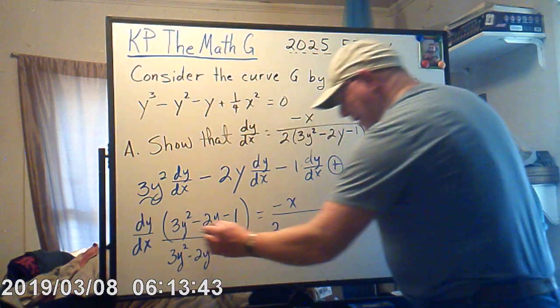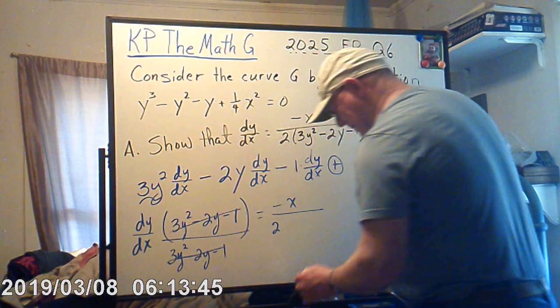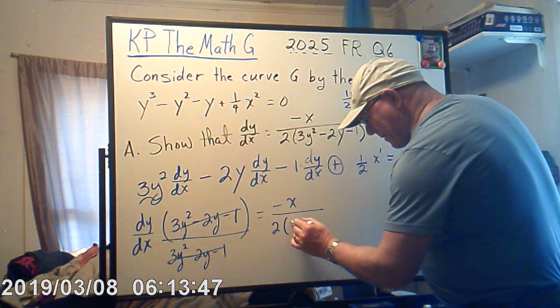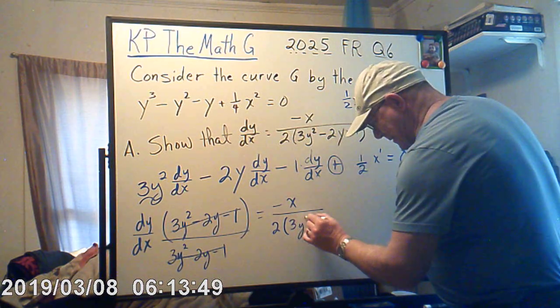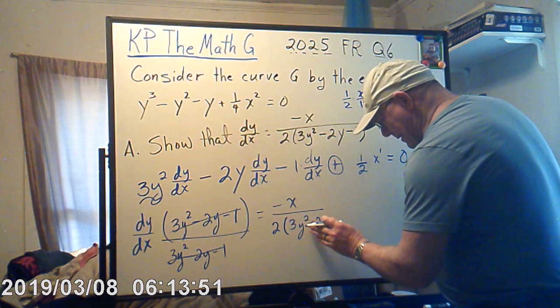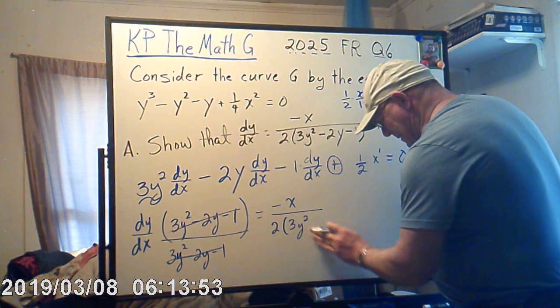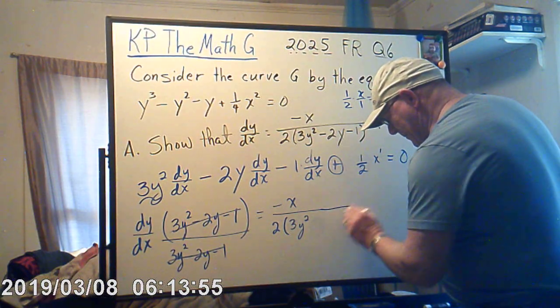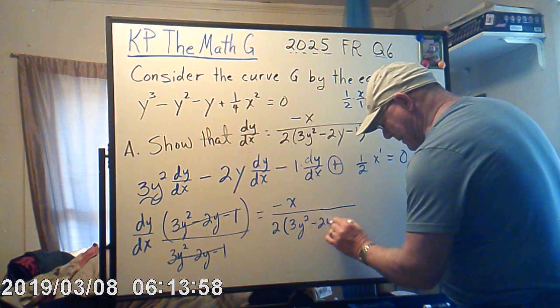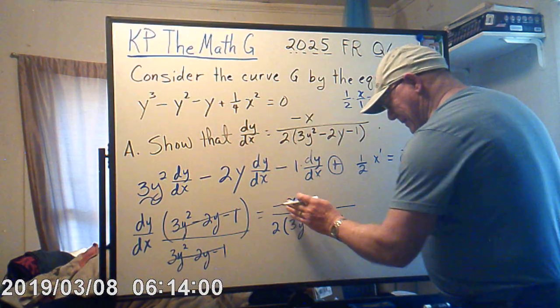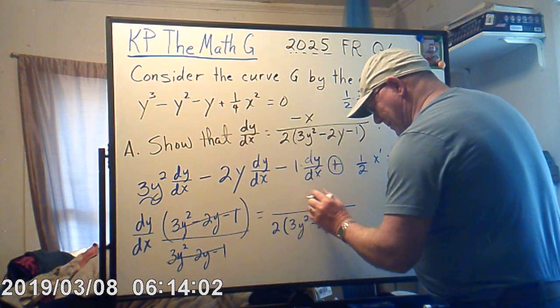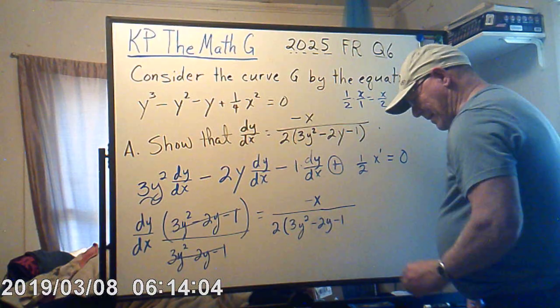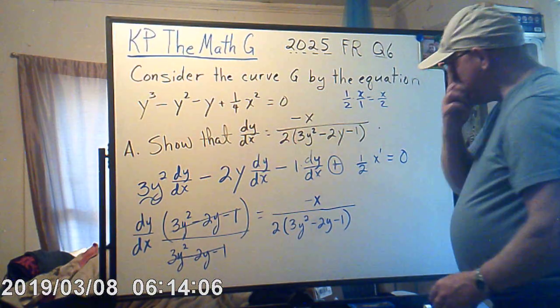And of course that's going to divide out, and we just put it on this side as well, 3y squared minus 2y minus 1. And let's move our negative x over 2 in the middle. Put parentheses around that, and there it is.